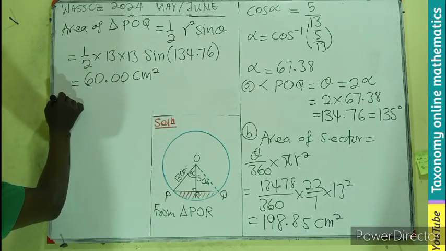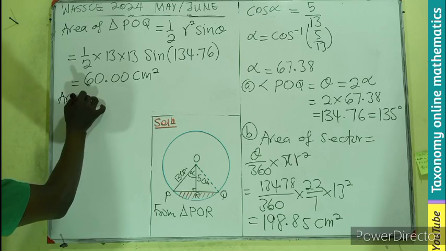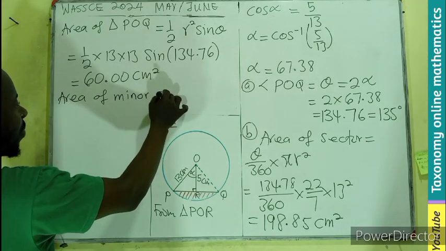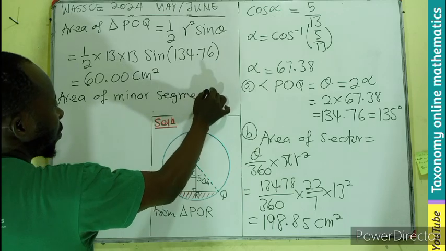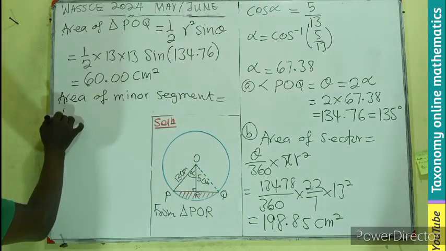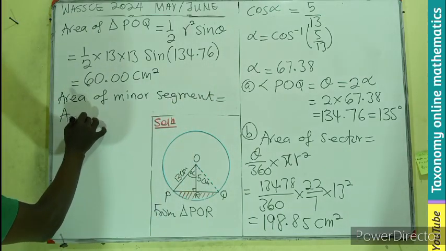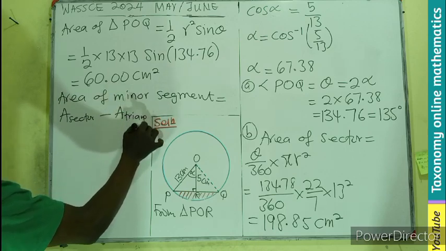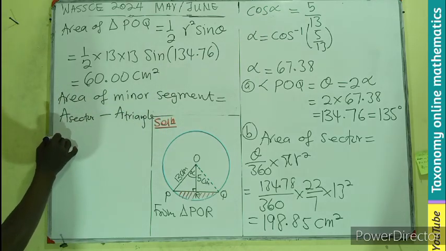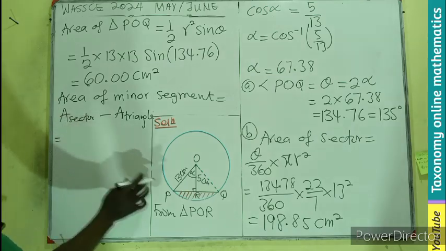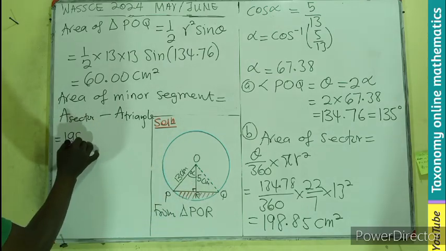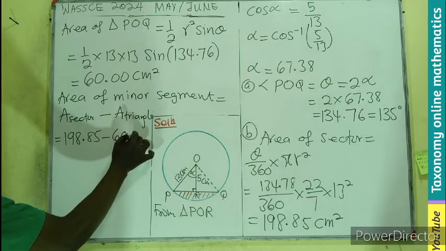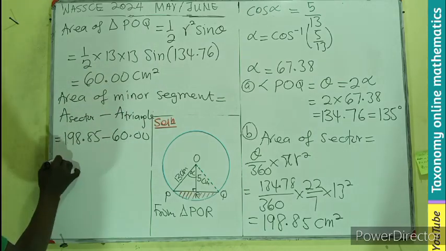So here we are now going to find the area of the minor segment, which will equal the area of the sector minus the area of the triangle. That is 198.85 minus 60.00 for the triangle.